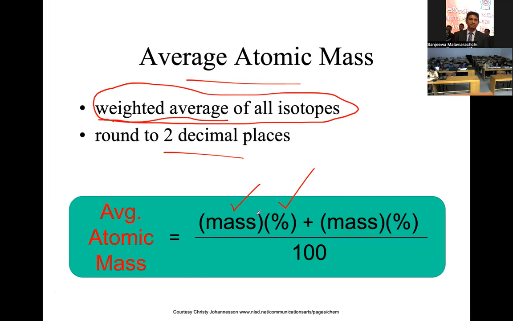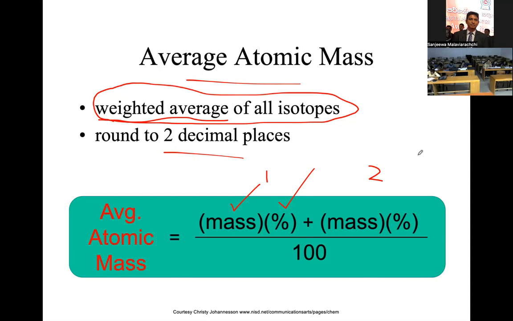So if you have one isotope, this is the weighted average of that. And if you have another isotope of that element, that is the weighted average of that mass times the abundance, how much of it is available. That means if you take 100 atoms of that element, this amount will be its abundance.